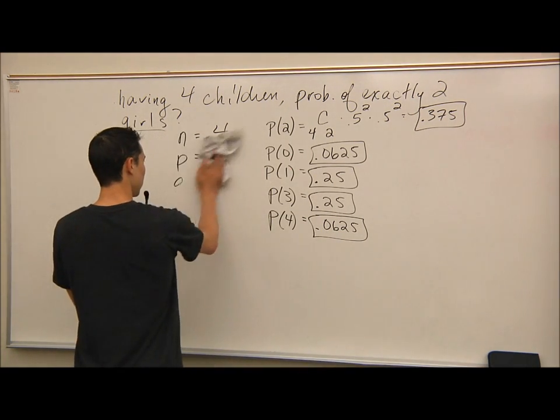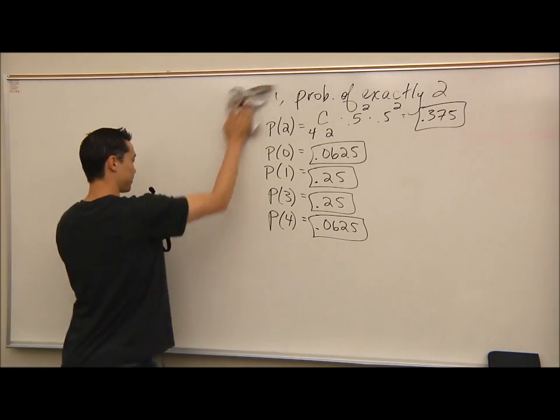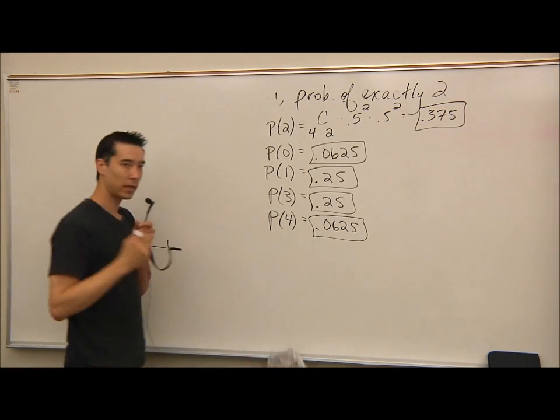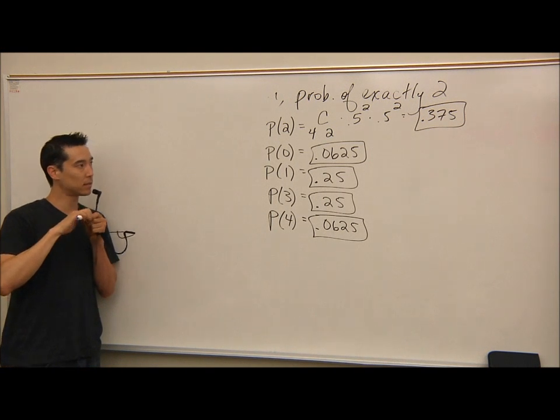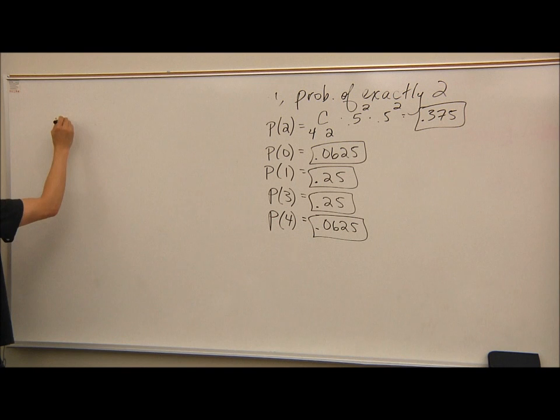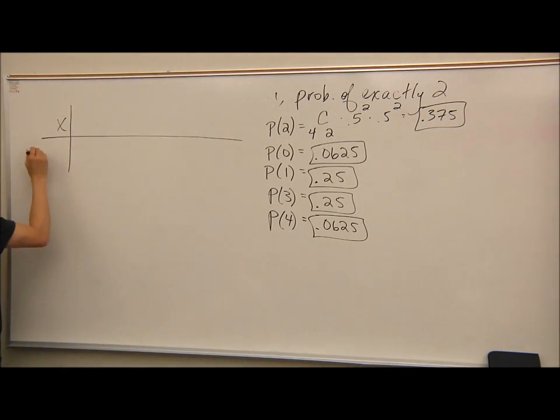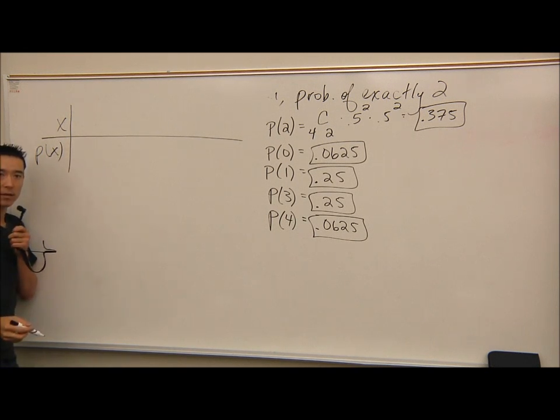what I'd like you to do is put them in a probability distribution table. Okay, so a reminder from last class, what did that look like? You have the x, and then the P of x, right? In this problem, what is x representing? The number of girls, right?